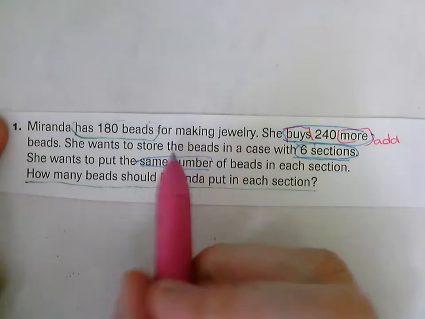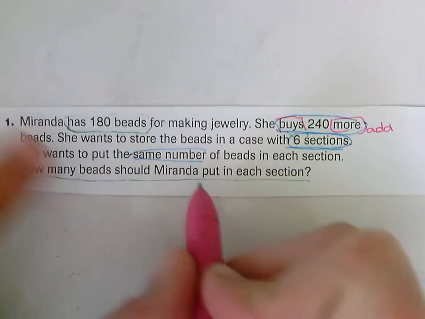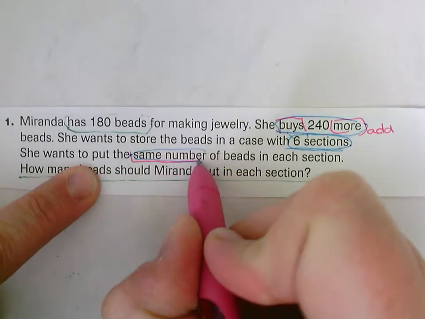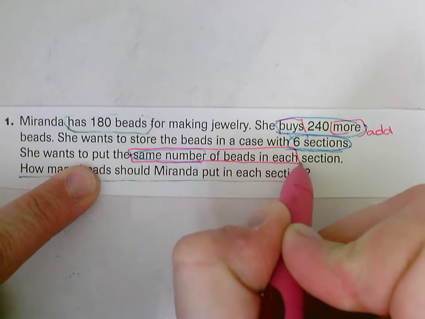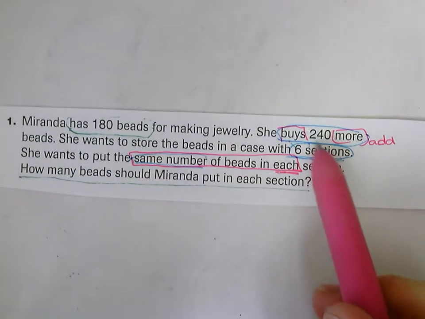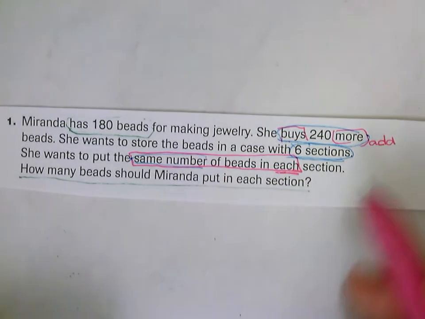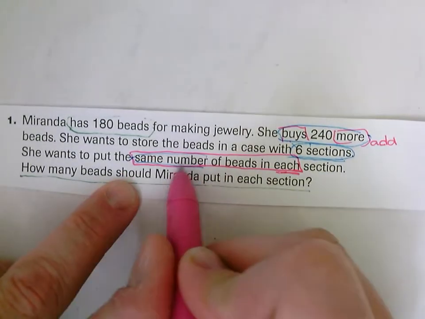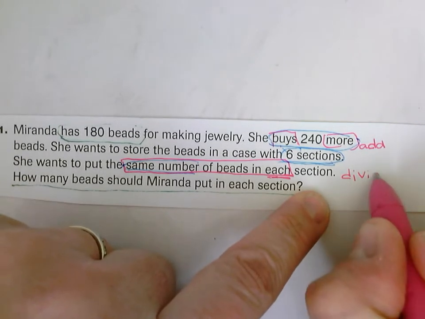She wants to put them in a case with 6 sections, and she wants the same number in each section. Each tells me I'm multiplying or dividing, and I'm taking these big beads and putting them into smaller amounts, so I know I'm going to be dividing. I'm getting the same number into each section, so I'm going to divide. So that's what my clue words tell me.